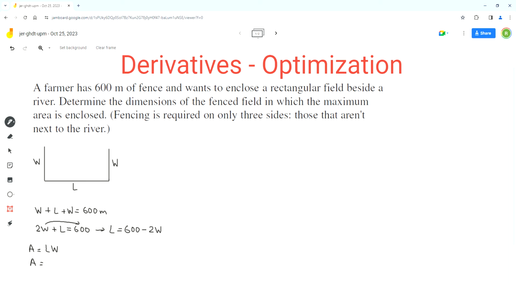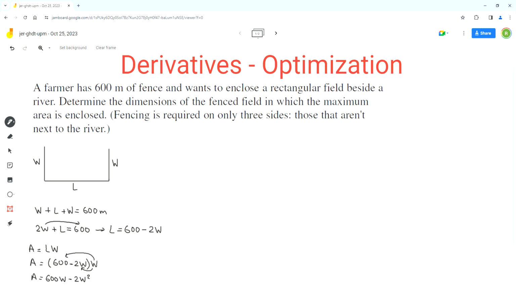So we get area equals, so instead of L, we write (600 minus 2W) times W. Now we can distribute this W into the parentheses. So we get area equals 600W minus 2W squared. So this area equation has only one variable, W.